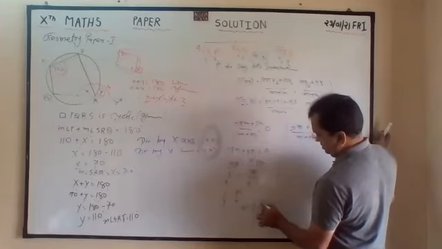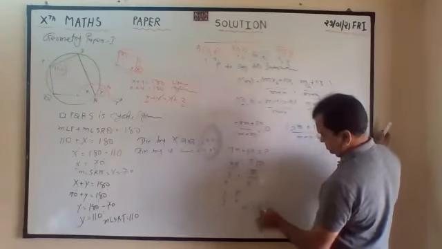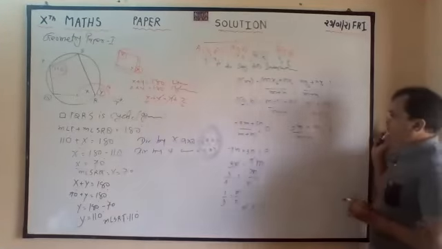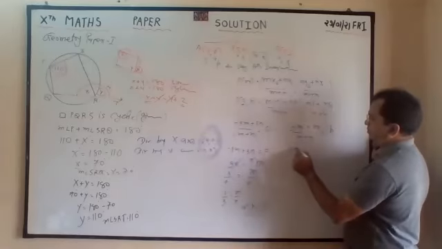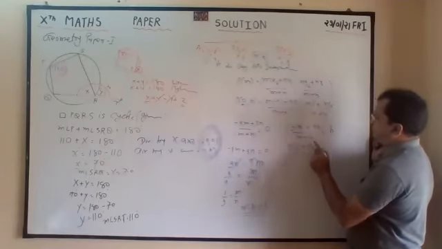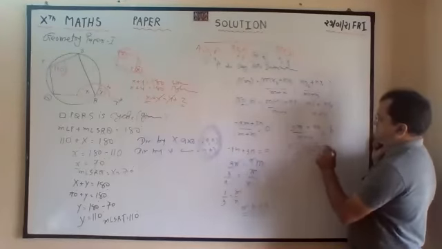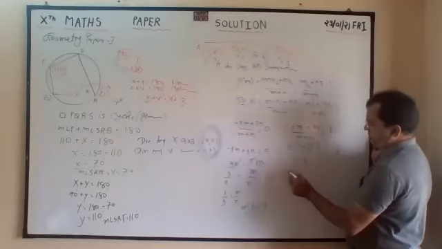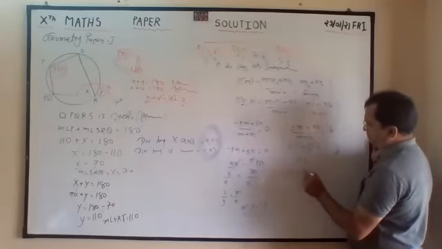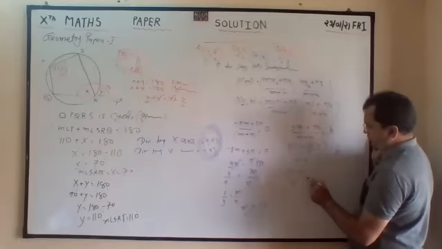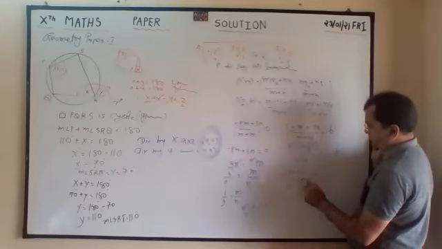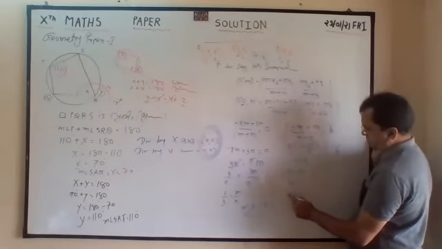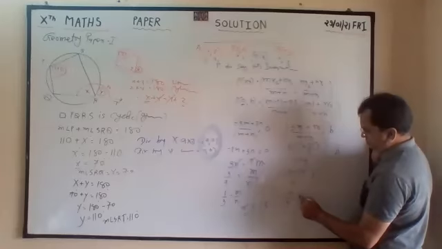So m:n is 1:3. 3 ones are 3, 8 threes are 24. This is 4. 27, 4.